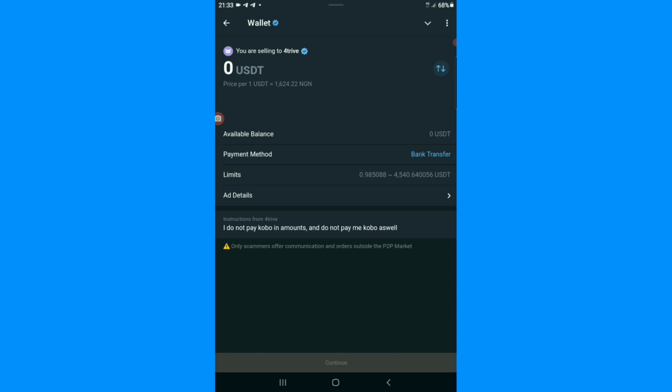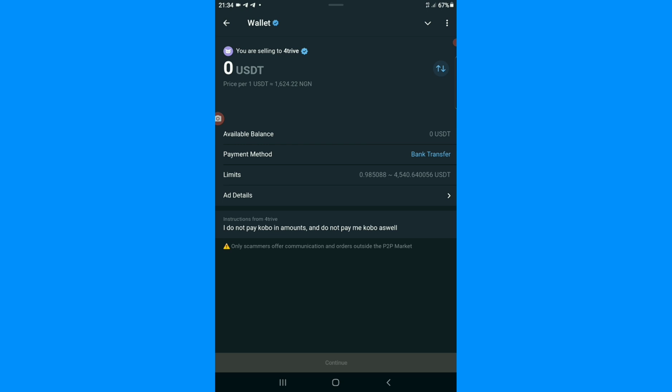So if you enter the amount of USDT that you want to sell, you just have to tap on continue. When you tap on continue, it's going to create an order which you have to confirm. After confirming your order, the next thing is for you to wait for up to 10 minutes for it to be created, and wait for the next 1 hour for the buyer to confirm your order. After that, you are going to receive your payment in the bank account that you sent to the buyer.